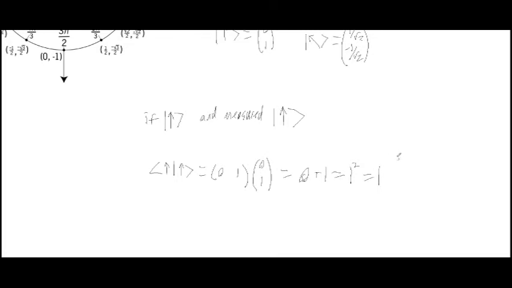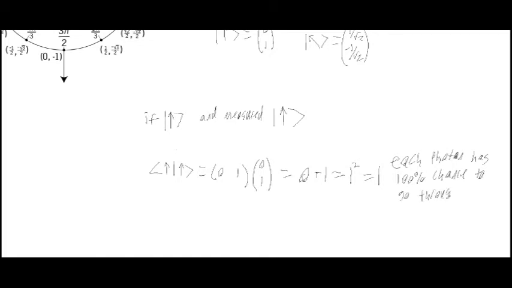So each photon, I think I put an A there, but it should be an O. Photon has 100% chance to go through.